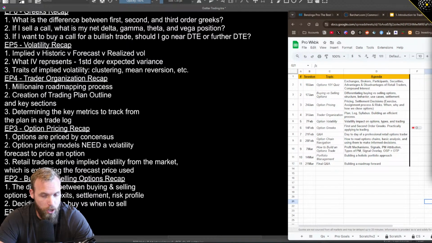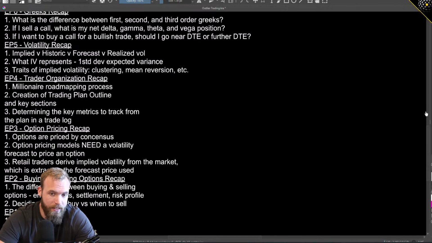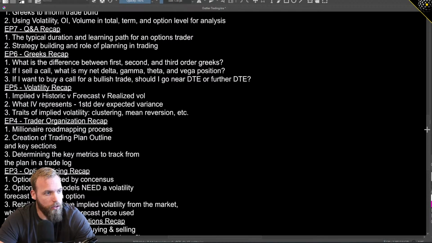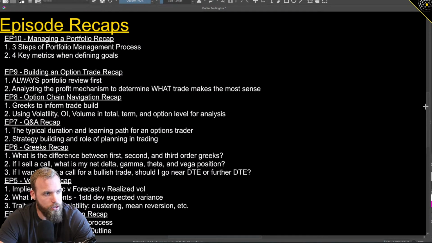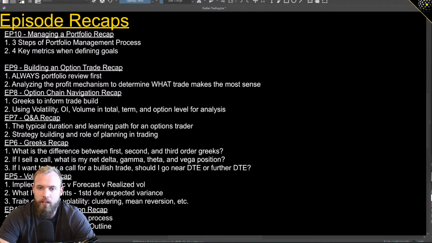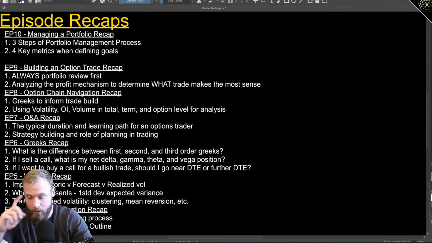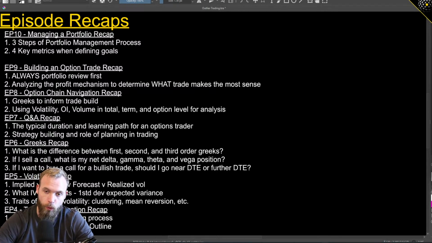After that, we talked about volatility and obviously all of the nuances, the different kinds, how it behaves, how it can be classified as its own asset class, which is pretty cool. Then we got into the Greeks. The Greeks are essentially the way that we measure how options move, and it gives us a lot of fidelity around the positions as we're building them.